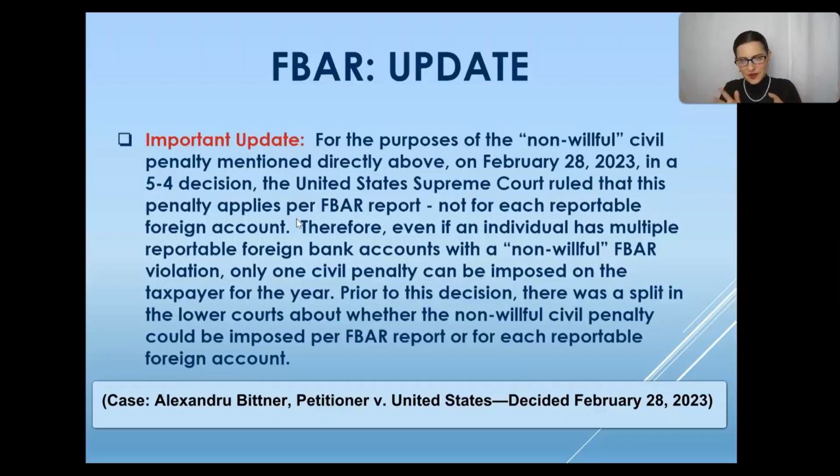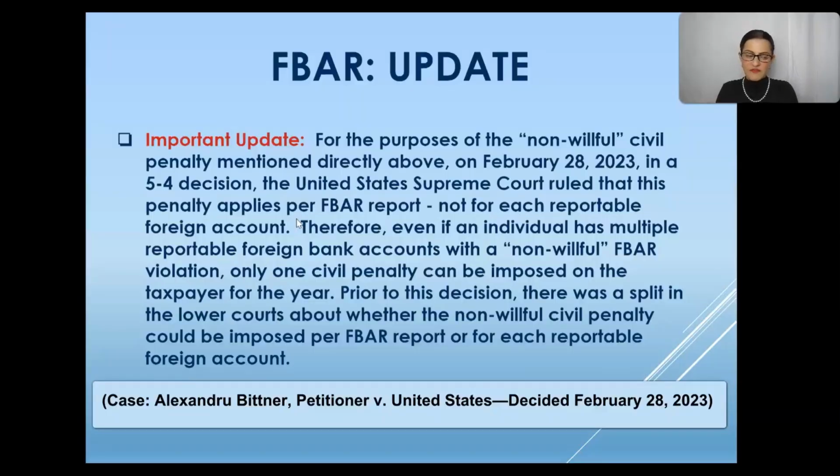So if the taxpayer has a non-willful failure, which means they didn't do it on purpose, and they were reporting all of their income along the way, there was no intent to defraud the government or anything like that, then a non-willful FBAR violation will only be one civil penalty. One civil penalty can be imposed on the taxpayer for the year, regardless of how many foreign accounts they have.